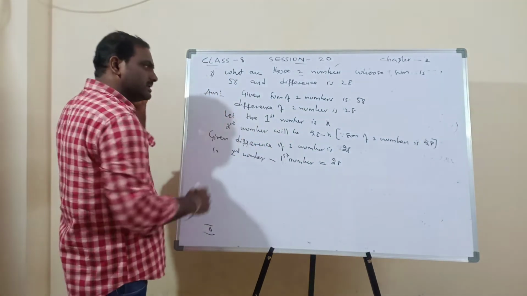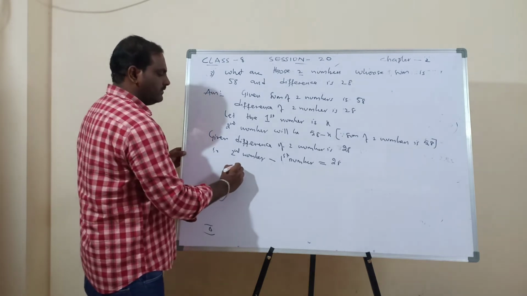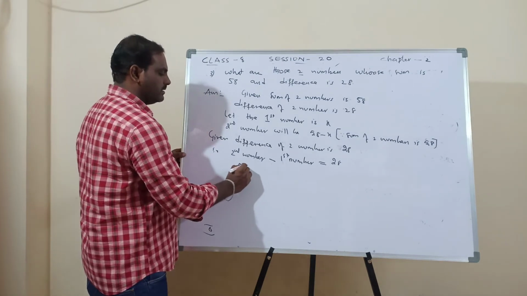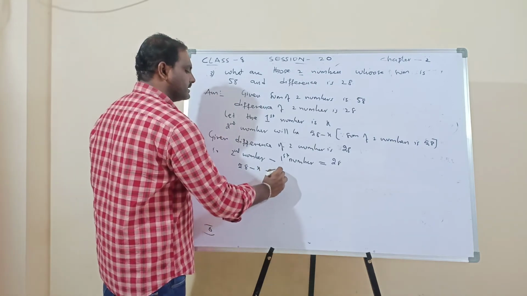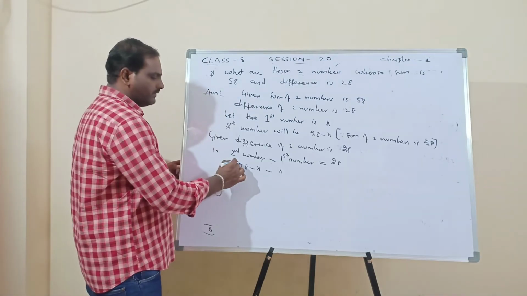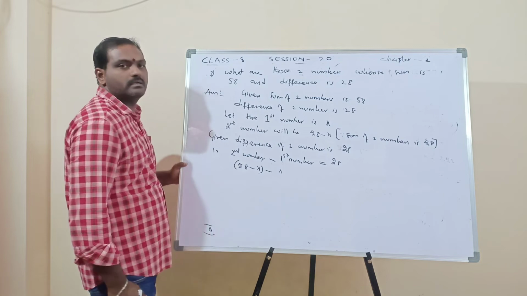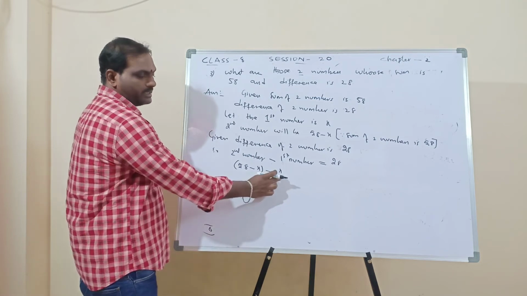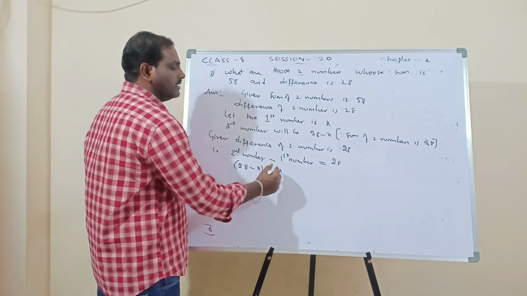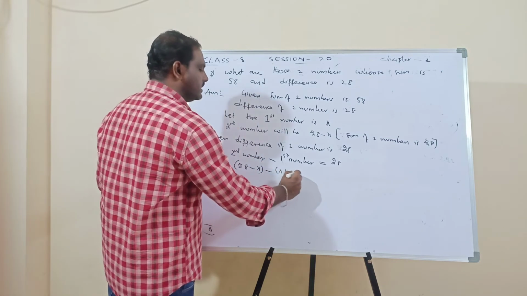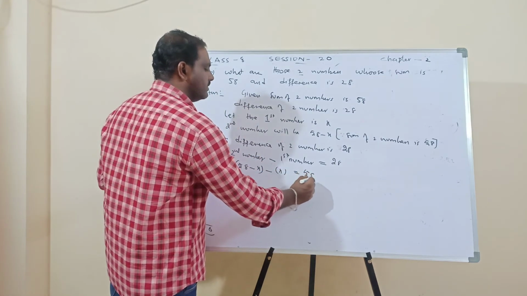Okay. Now what is the second number? 58 minus x, minus x. 58 minus x is the second number and the first number is x.